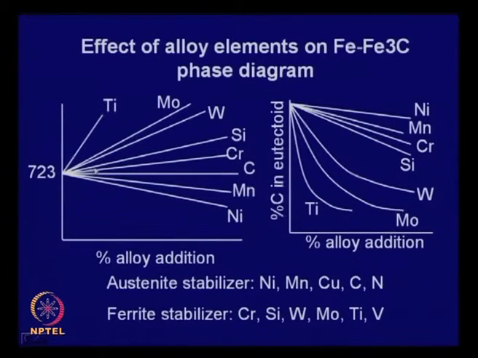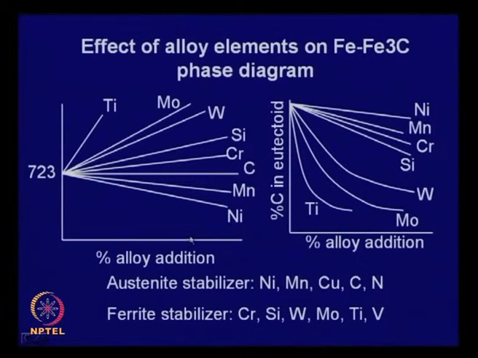The eutectoid temperature goes up with addition of titanium, molybdenum, tungsten, silicon, chromium, and their relative power may be different. So, primarily what is happening? You have broadly two classes of alloy elements. One is ferrite stabilizer, which increases the critical temperature; another group is austenite stabilizer, which brings down the critical temperature.